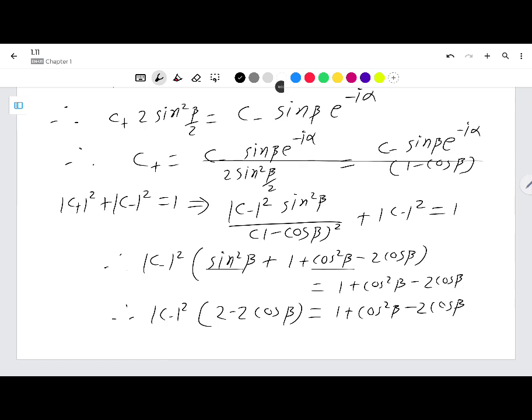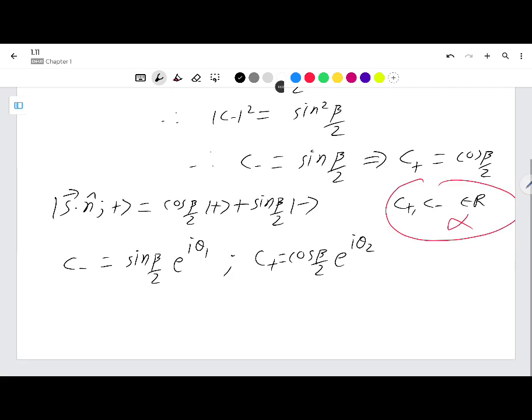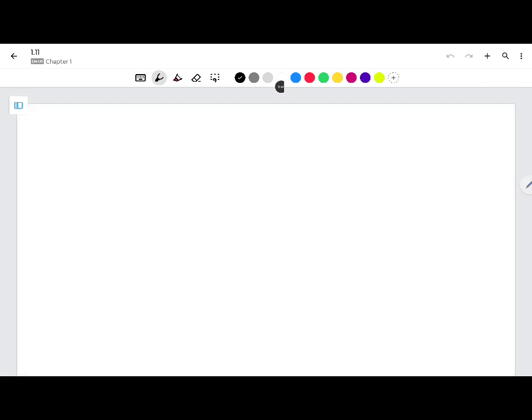And the relation that we had established previously, like this one, sorry about this mess, but the relation is that C plus is equal to C minus sin beta e power minus I alpha divided by 1 minus cos beta.